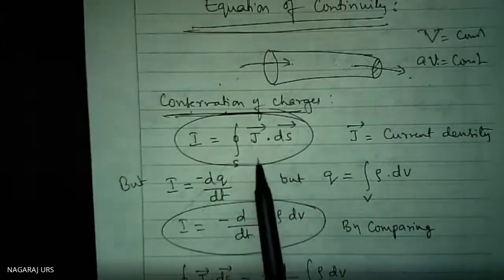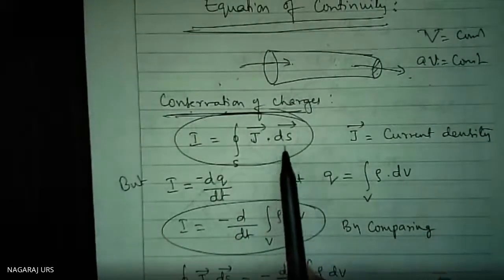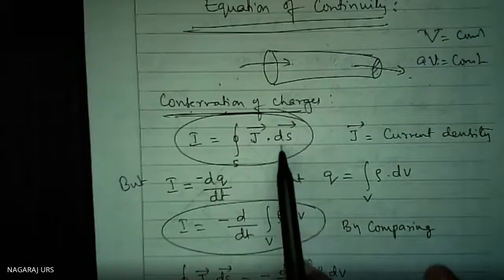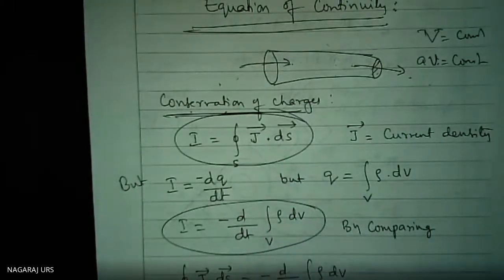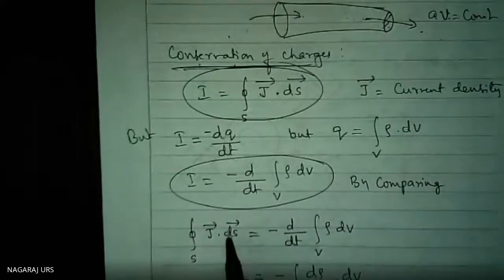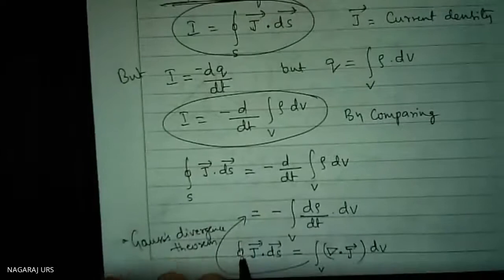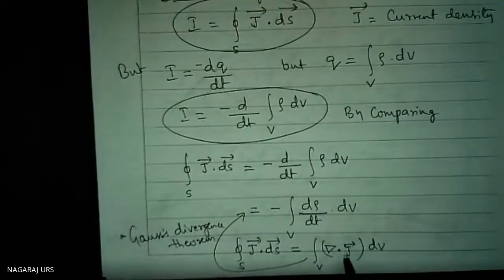Now compare this I and this I. As you compare these two, this value is equal to this. For this one, you have to use the Gauss divergence theorem. Using it, we got this. Substitute this. Another 4 or 5 steps and it will be finished.